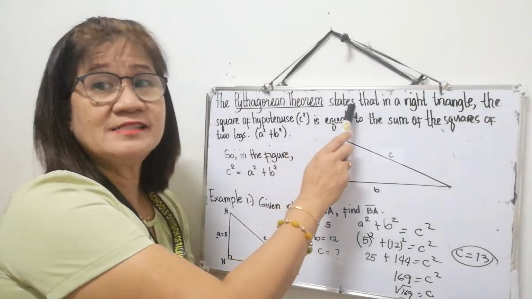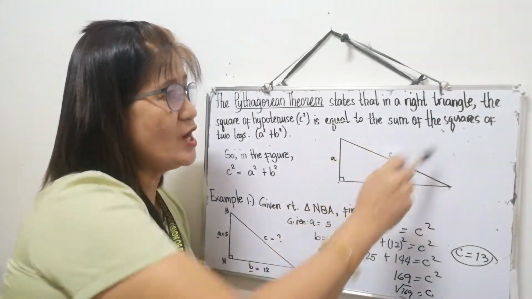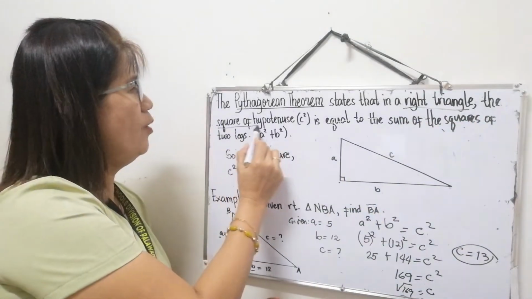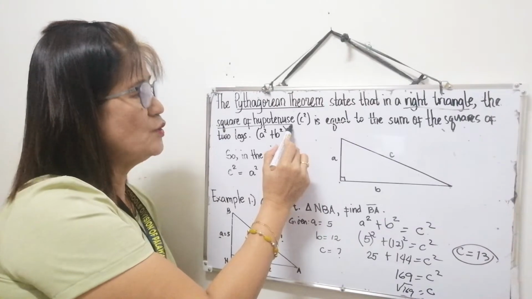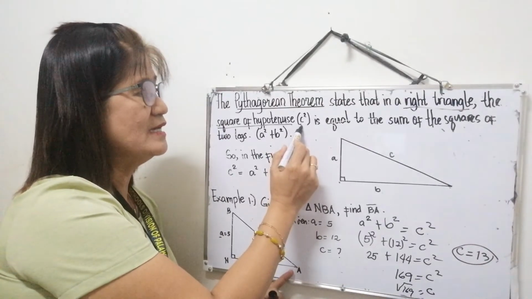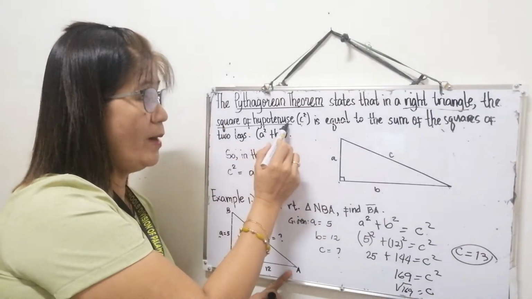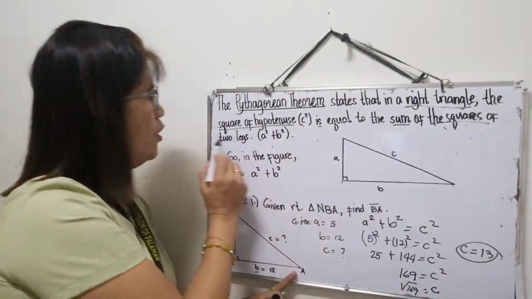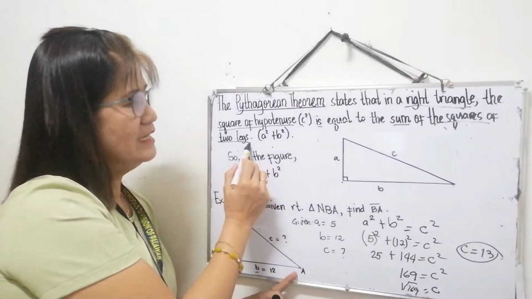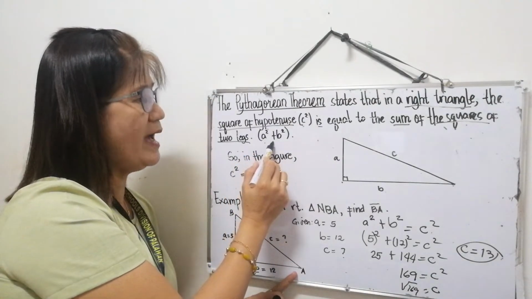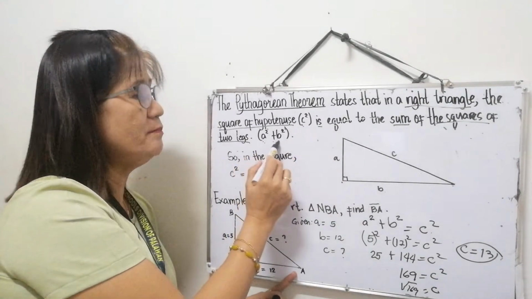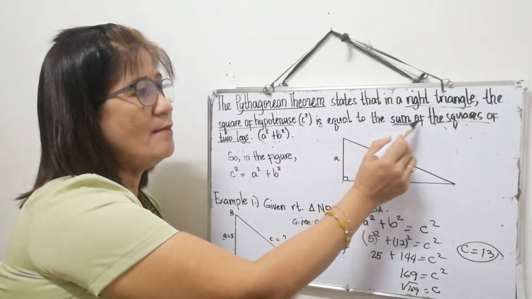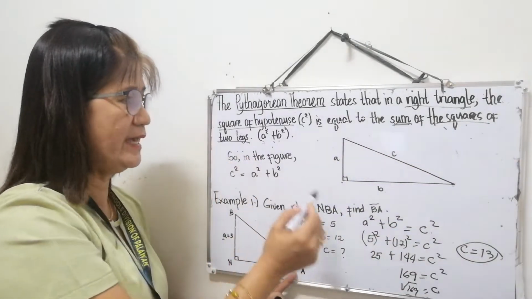The Pythagorean theorem states that in a right triangle, the square of the hypotenuse, so if the hypotenuse is C, it will be C squared, is equal to the sum of the squares of the two legs. So that will be A squared plus B squared, if A and B are the legs, kasi nakalagay dyan sum of the squares of the two legs.